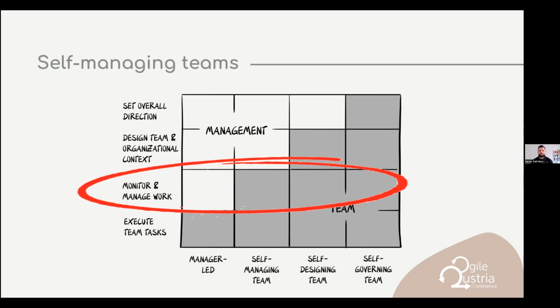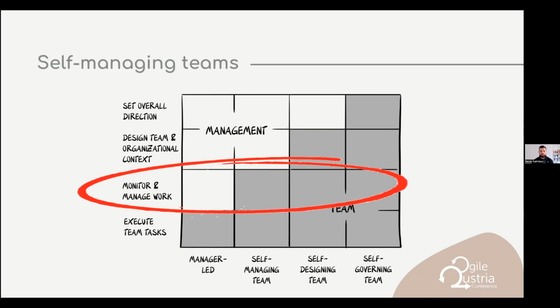So here you can see that this is basically a matrix with 2 coordinates, and on the horizontal coordinate we have different levels of maturity of teams, and on the vertical coordinate we have different aspects of work which team either takes itself or delegates to management depending on the level of its maturity.